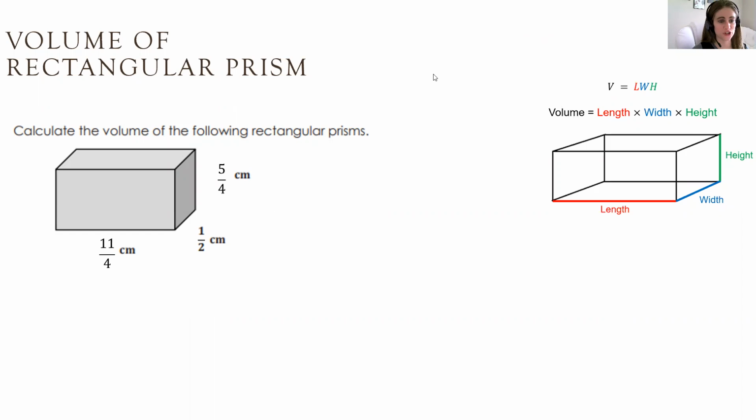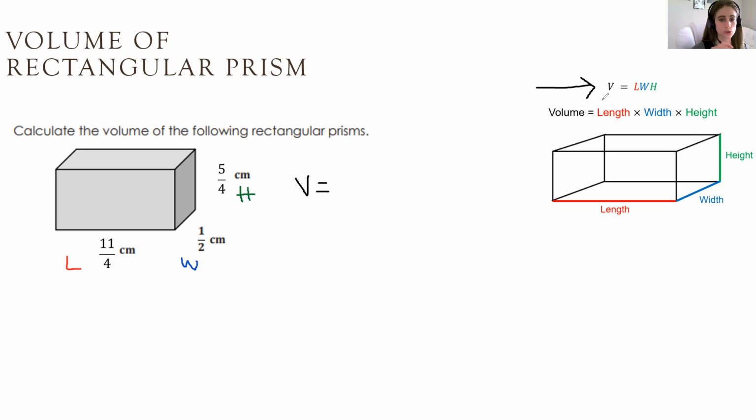Let's start off with our first thing every time. Whenever we're working with formulas, any type of word problem, we always want to label and identify our information. I see right here we have a length of 11/4 centimeters, a width of 1/2 centimeters, and a height of 5/4. We are still going to use our formula.